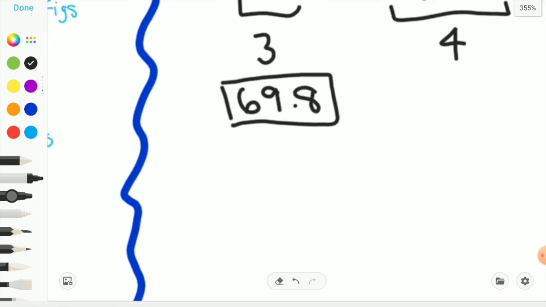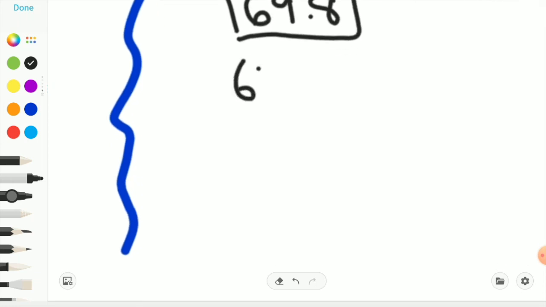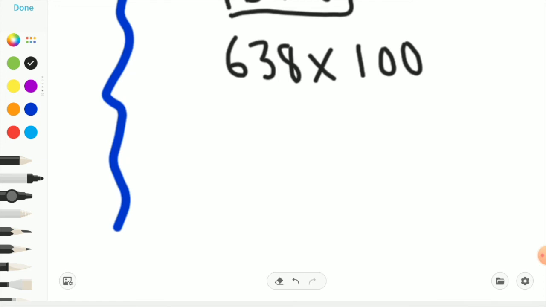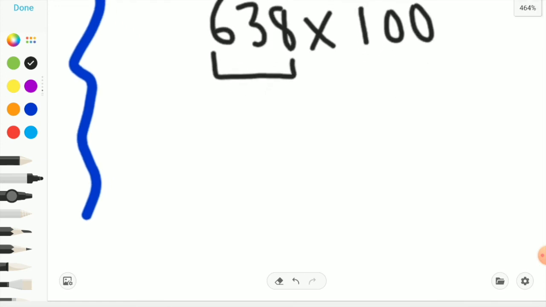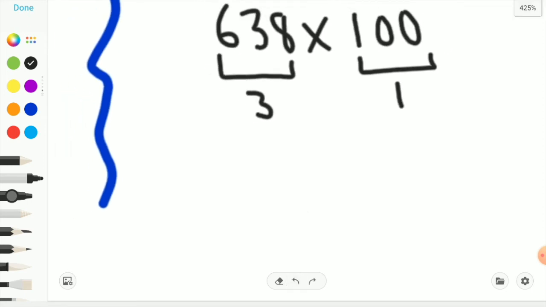I'm going to do one more example. If you had 638 times, say this has 3 sig figs, and this only has 1. If you multiply this, you already know that it's going to be 3800.